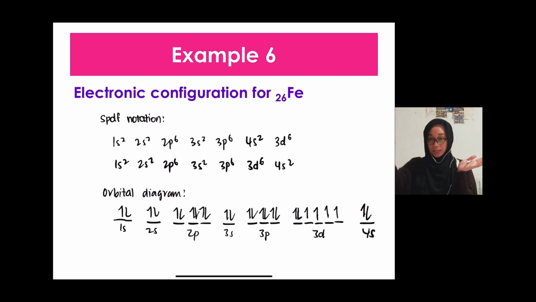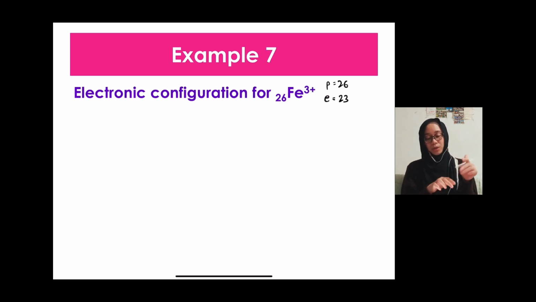So lepas 4s keluar, ada satu lagi elektron yang kita nak remove kan. So the one yang kita remove adalah daripada 3D pula. Okay, jadi based on apa yang kamu dah buat dekat sini, so you can now write the electronic configuration for the ion.